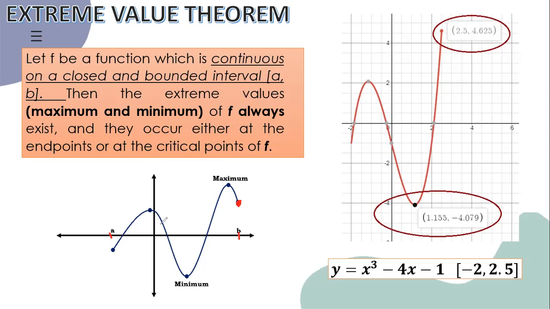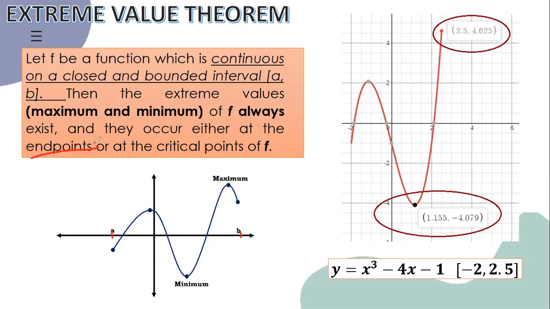May interval siya from A and B. Then, yung maximum and minimum daw niya ay nag-e-exist palagi. So, they occur either at the endpoints, okay? Pwedeng nandito sa either A and B or at the critical points of F. So, mamaya titignan natin kung paano mahanap yung critical point ng ating function.